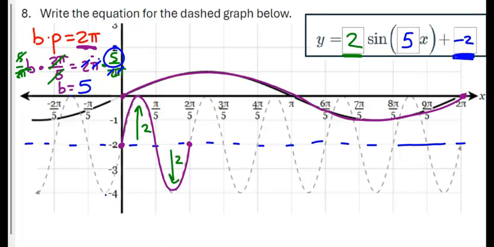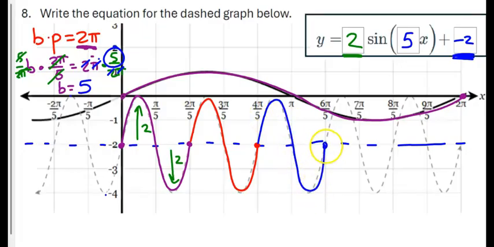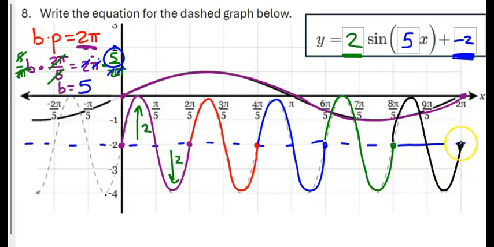Now, the first period went from 0 to 2 pi over 5. The next period would go to 4 pi over 5. That's the third period, fourth period, and fifth period.